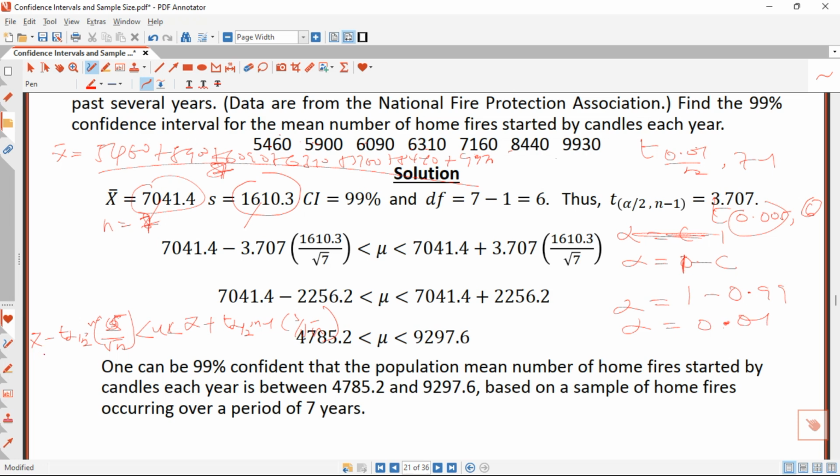This is the formula, as you saw in the previous example that we solved, right? So we are just going to substitute them inside.